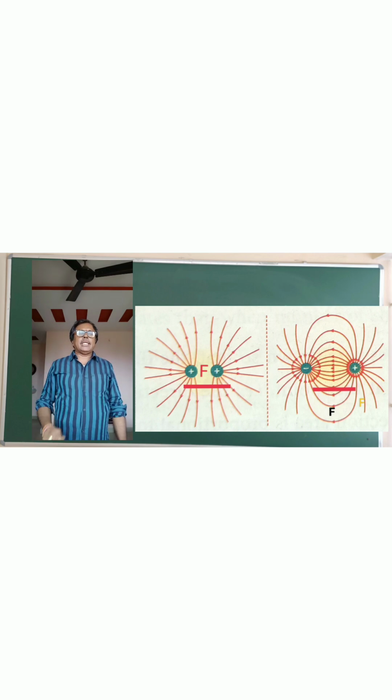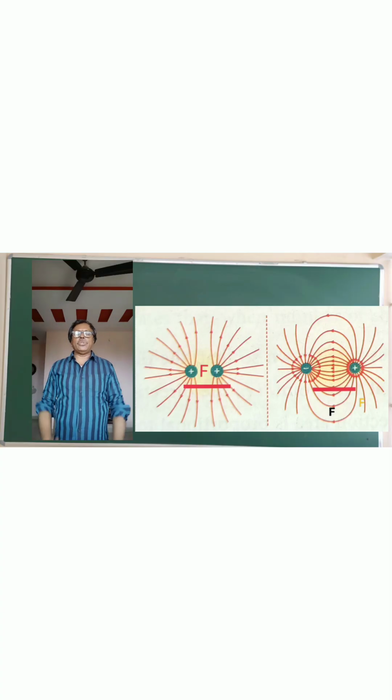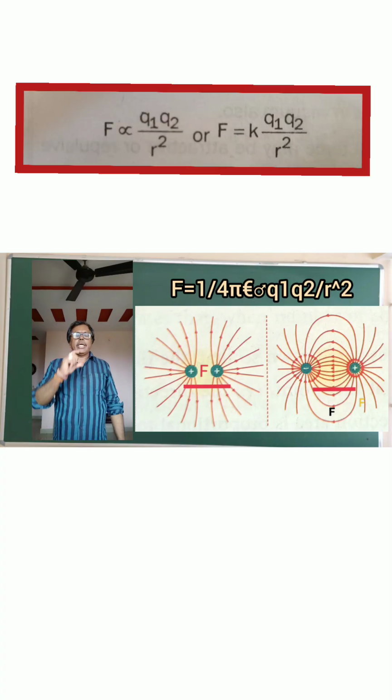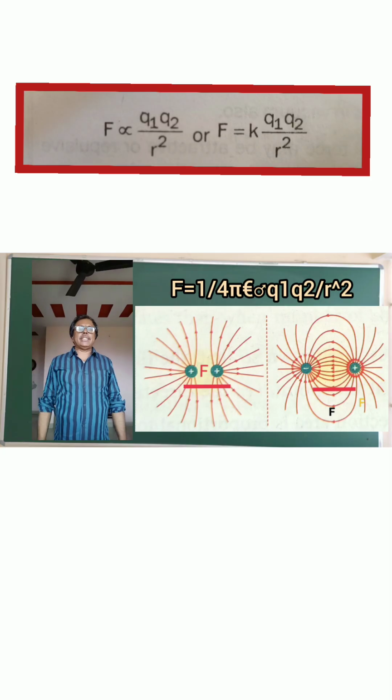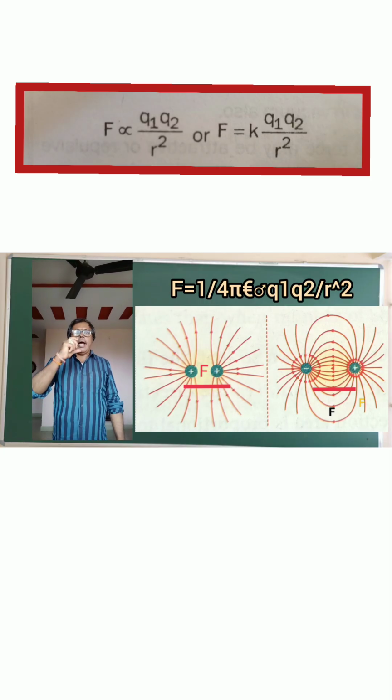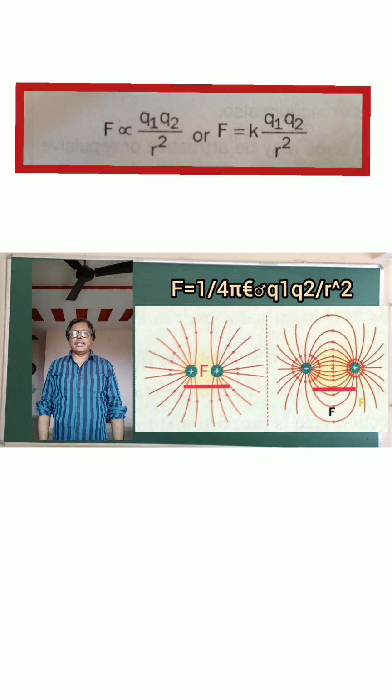According to Coulomb's law, the force of attraction or repulsion between two charges is directly proportional to the product of the charges and is inversely proportional to the square of the distance between them.